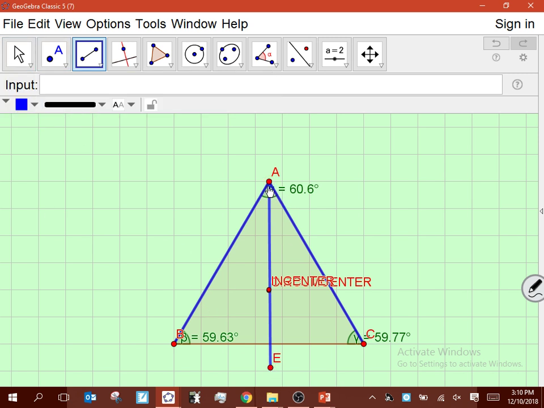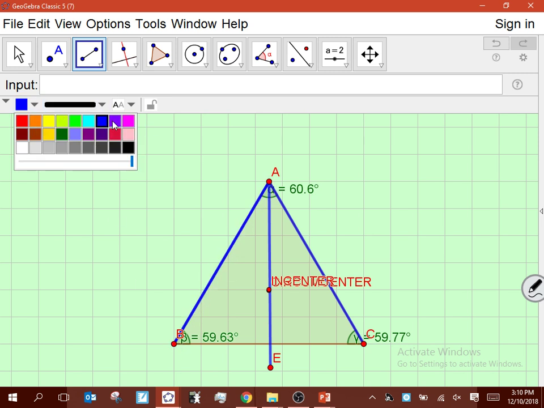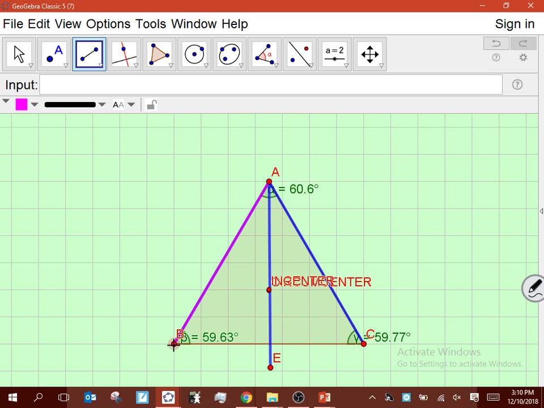Then, if this is equilateral, isn't that segment, which I'll make purple, and that segment, aren't they congruent? So can I call this a vertex angle and find the angle bisector of that, so make that 30, make that 30. Wouldn't this be the base then? And when we take the angle bisector of a vertex angle, it's got to be perpendicular to the base at the base's midpoint.